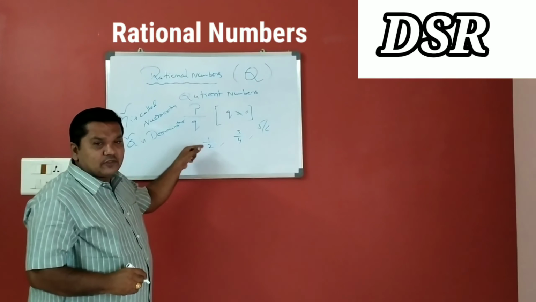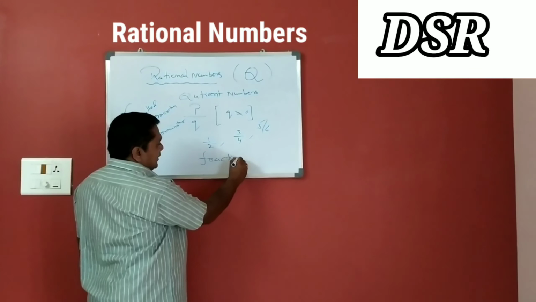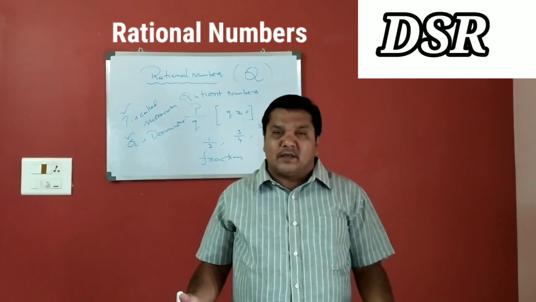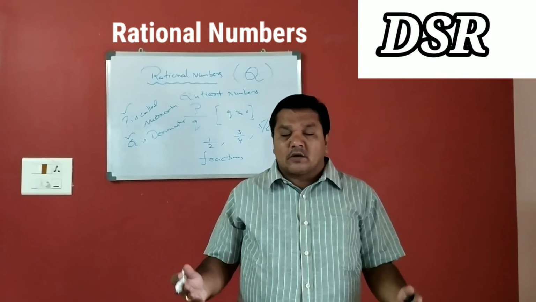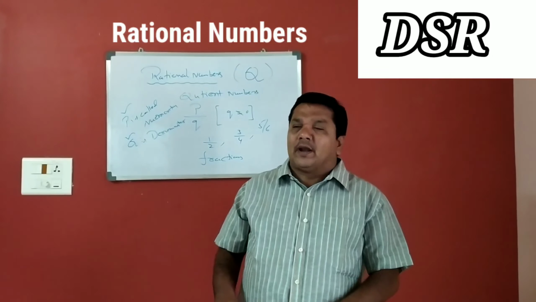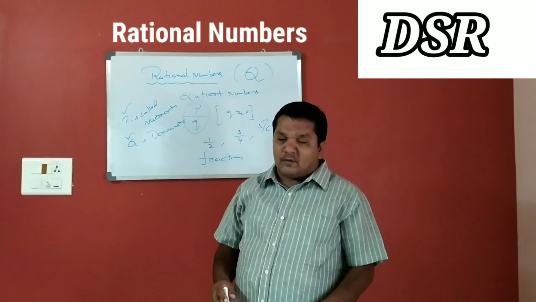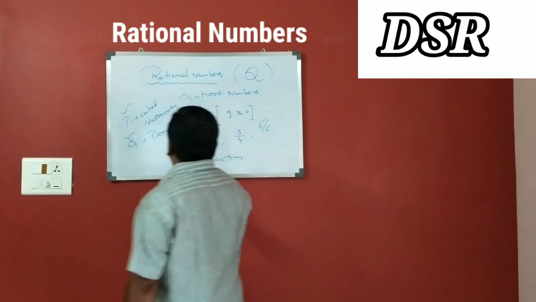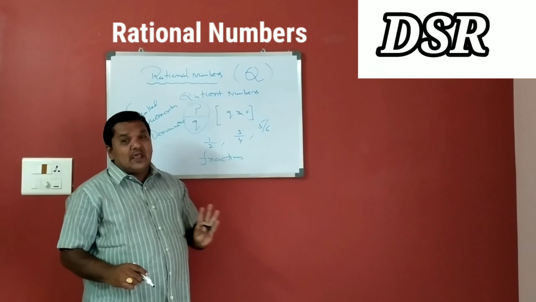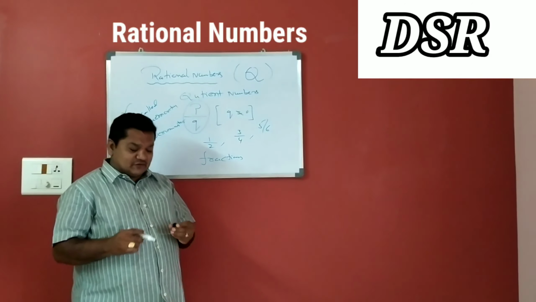The p by q form is nothing but a fraction. And every number can also be a rational number, but it need not be a fraction. Fractions look like the formula, that is the definition, p by q form. So the p by q forms are called rational numbers. Rational numbers look like fractions, and any number without a fraction can also be a rational number.